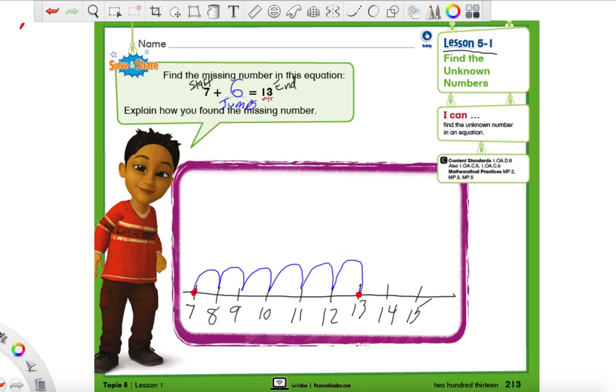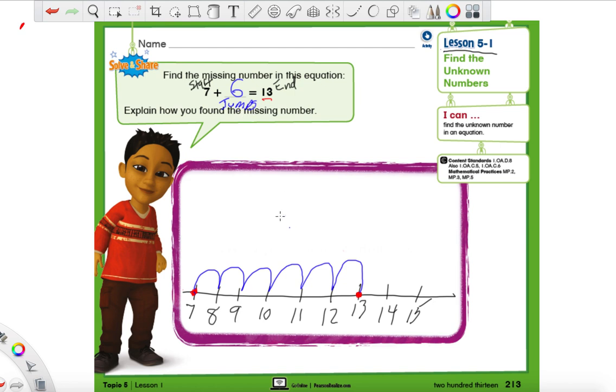Now, maybe you really like drawing pictures, which is going to be more time consuming. I'm going to let you guys know that right now. It's going to take much longer to solve this using a picture than it is with the number line. So if you're choosing to draw a picture instead, you have to make sure that you take extra time, that you don't get frustrated, and you're extra careful.